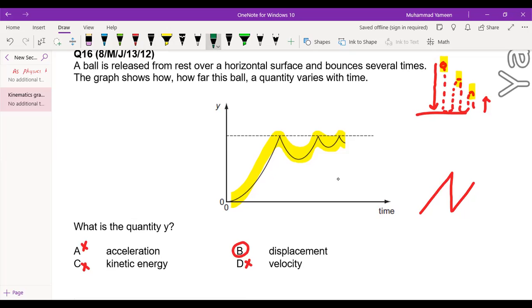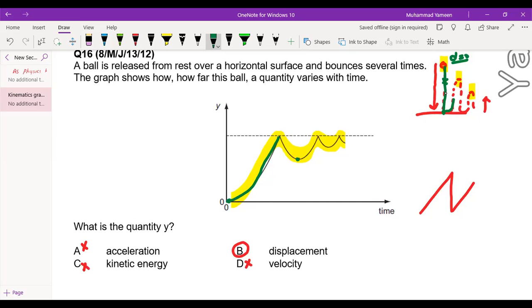We can see why B: at t equal to 0, displacement over here is 0. As the ball moves down, displacement increases, it becomes maximum. You can see. Then as it moves up, it is moving on the same line, so displacement from point O will decrease, and after the first bounce, it will not reach the maximum height.